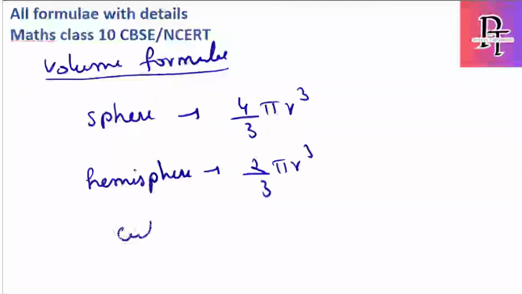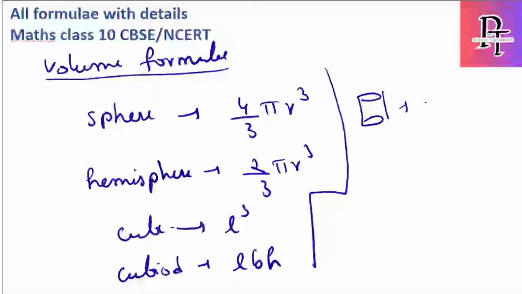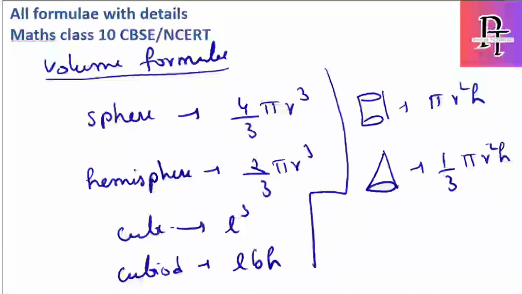For cube, L cube. For cuboid, LBH. Whereas for cylinder, pi r square h, and for cone, 1 by 3 pi r square h. So if they ask you volume formulas for all these 6 figures, just apply these formulas and get the final answers.